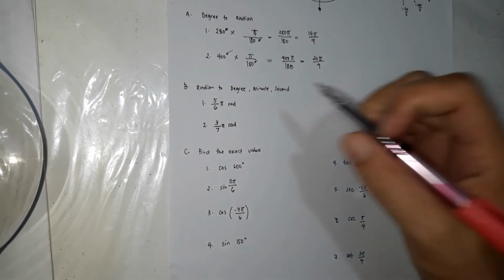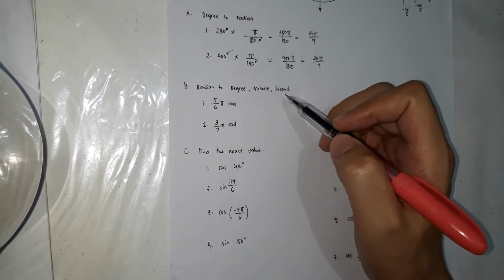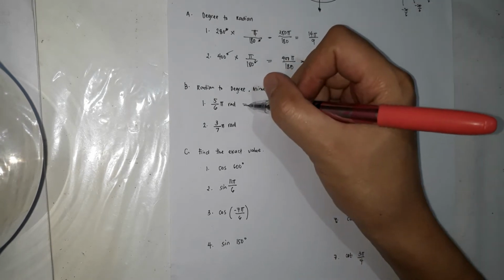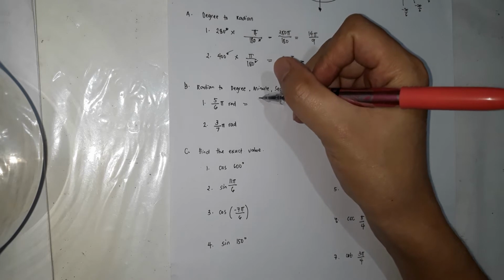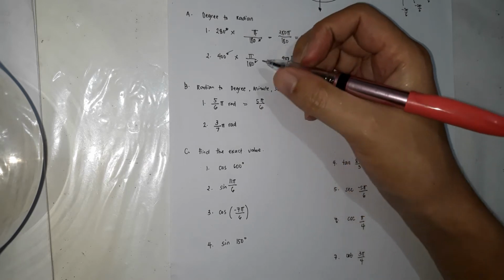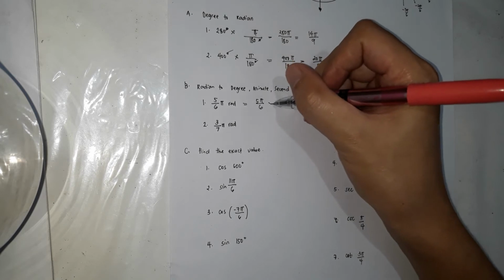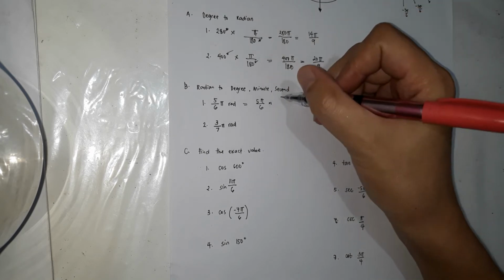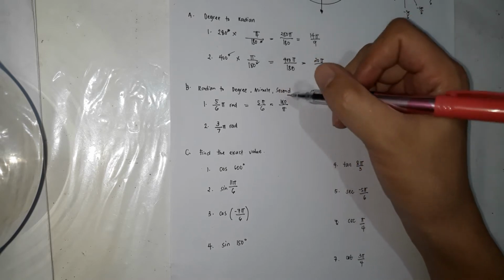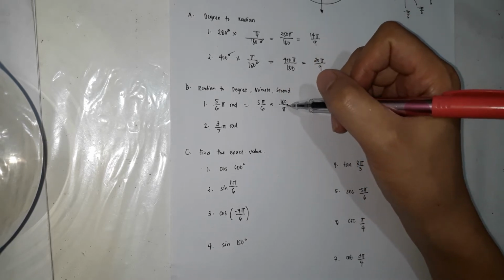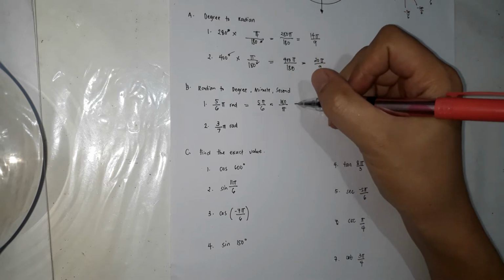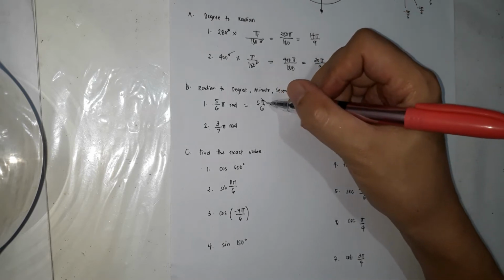Next, from radian to degree. So this one, 5 pi over 6. To cancel pi, what you're going to do is invert this. So instead of pi over 180, it will become 180 over pi, which is just equal to 1, so cancel pi.